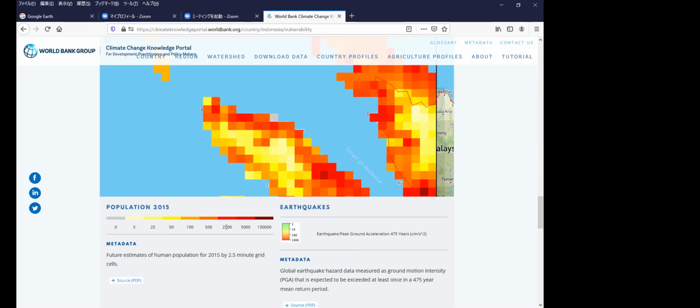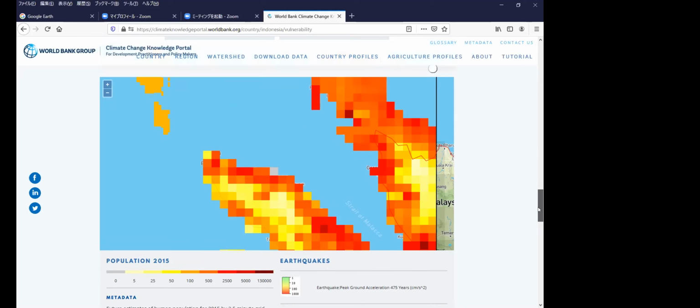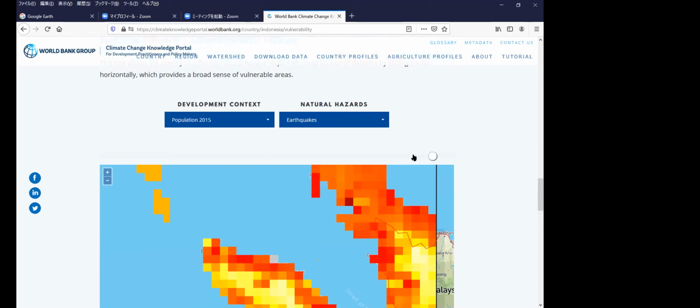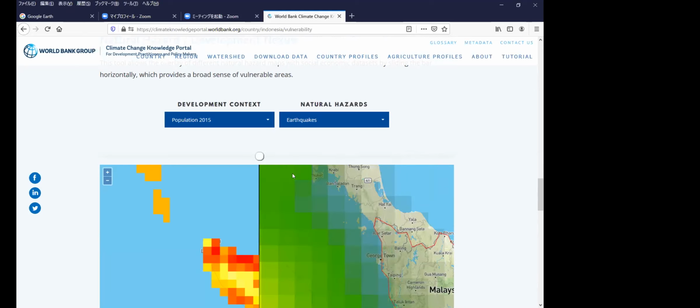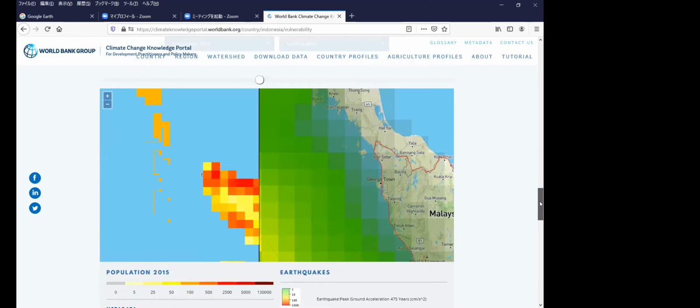So it means 2,500 people living in 1 square kilometer. So we can know the population density in a focused area.